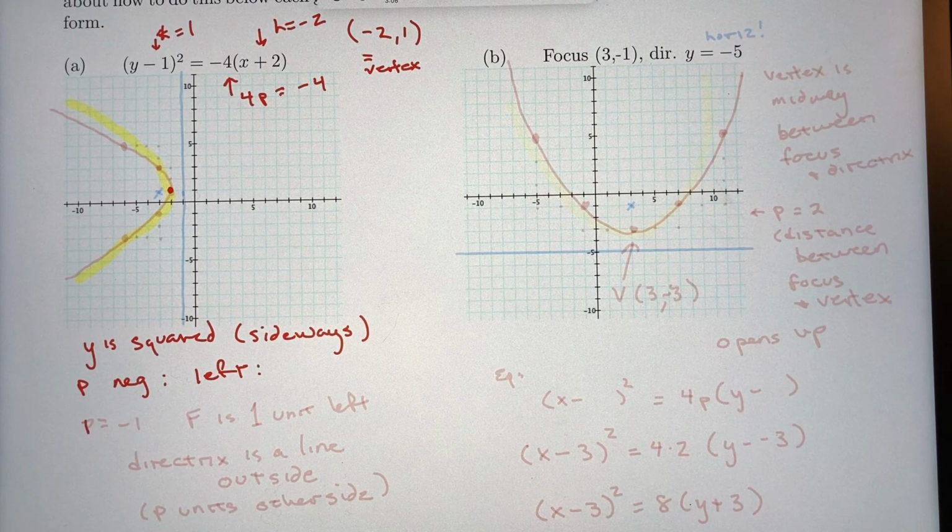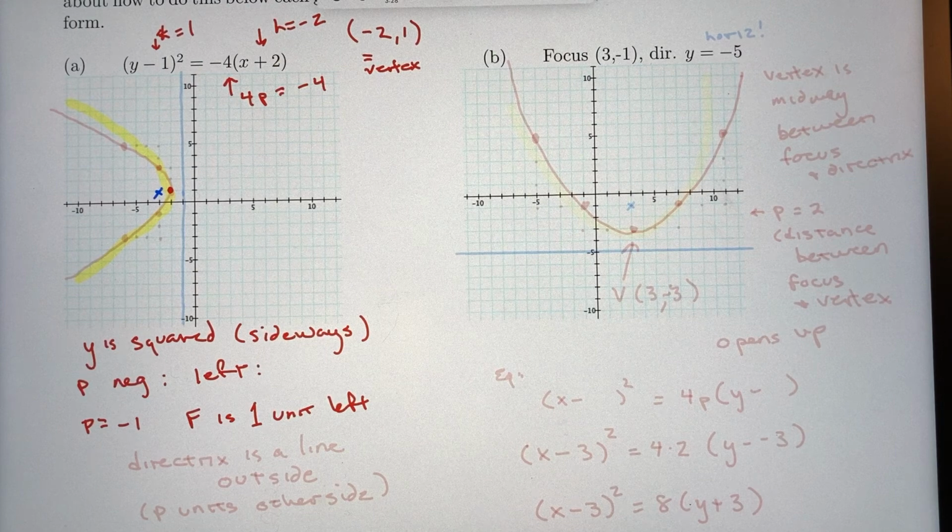So first of all, P is -1, so the focus is 1 unit left. I'm going to draw the focus in blue, and I'm going to mark it with an X so that I don't accidentally use it as a point.